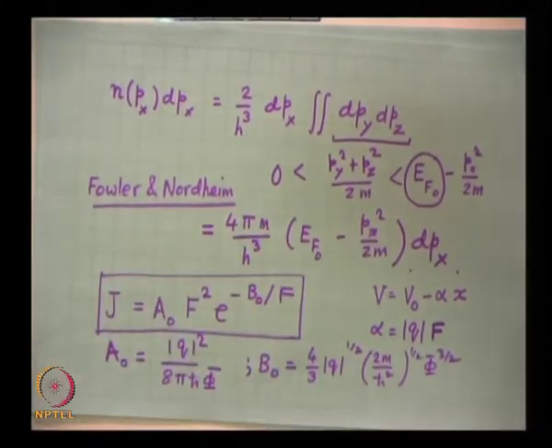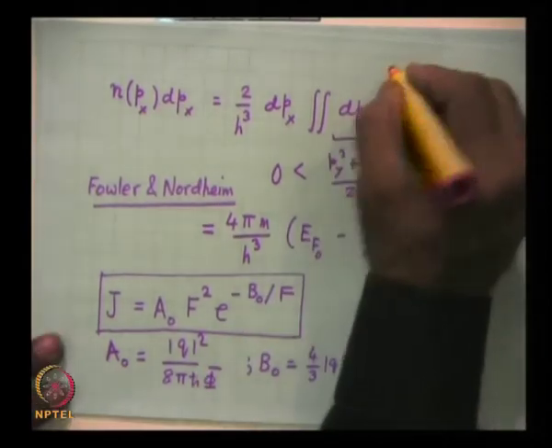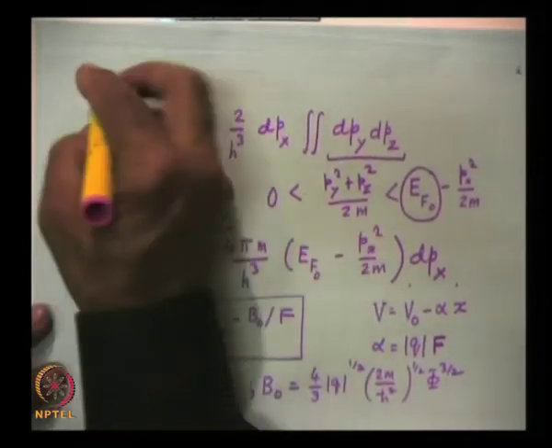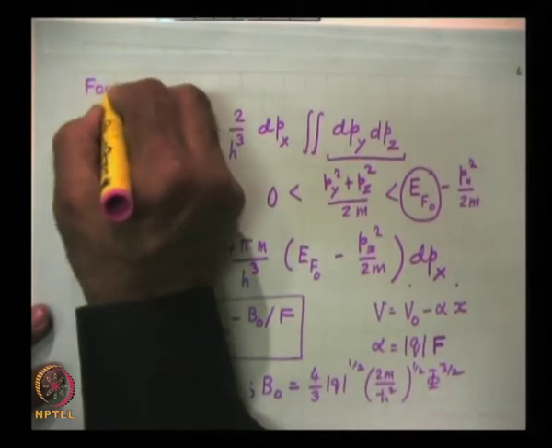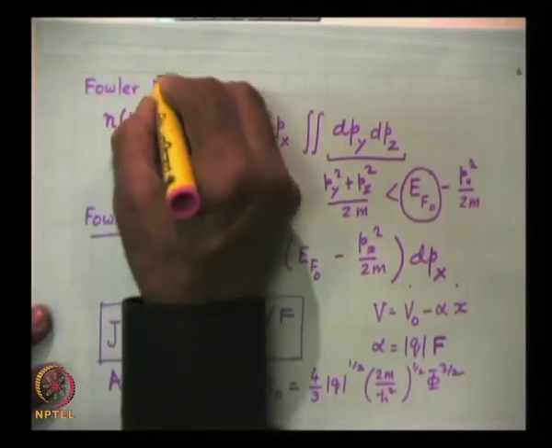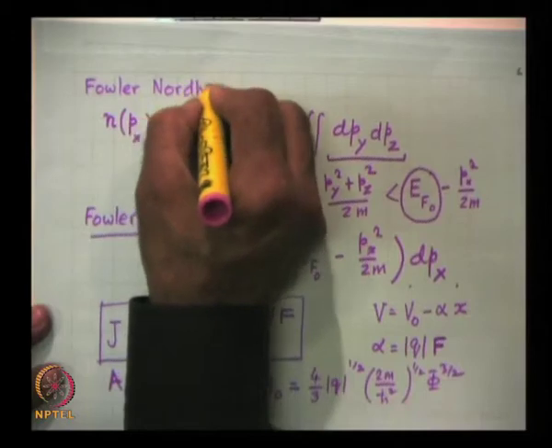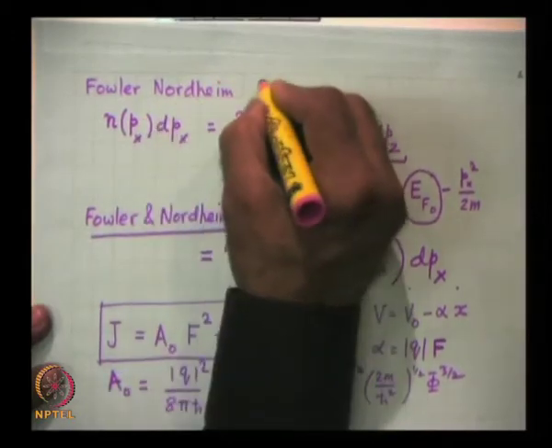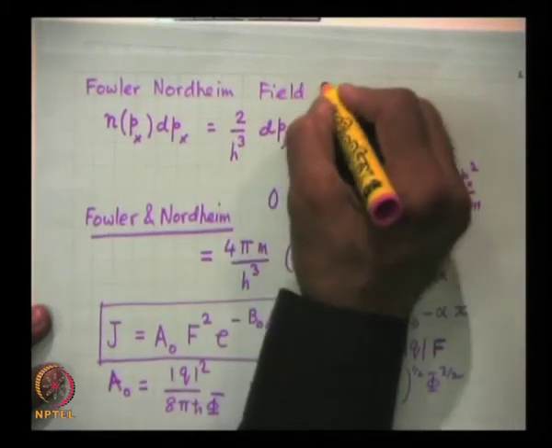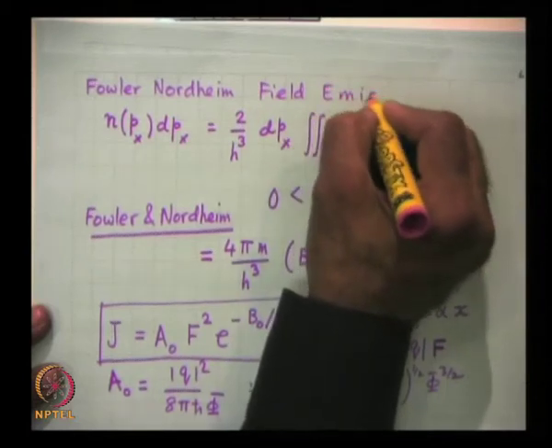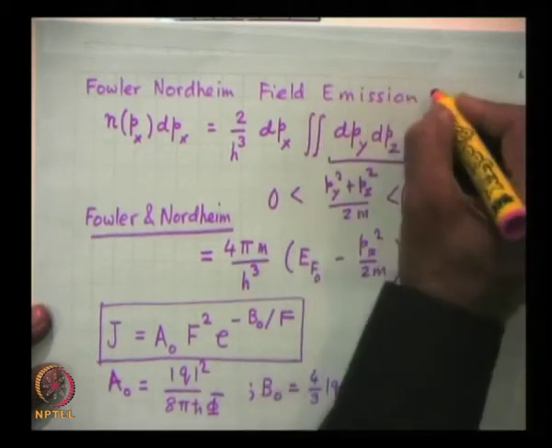So, this is known as the Fowler-Nordheim field emission formula. Let me write it down: Fowler-Nordheim field emission formula.